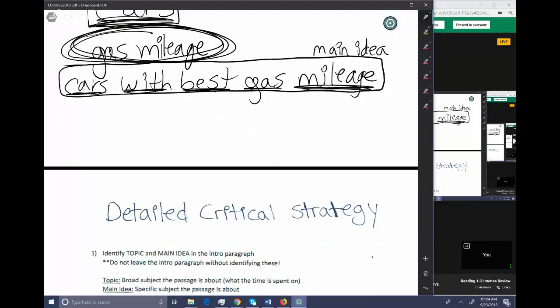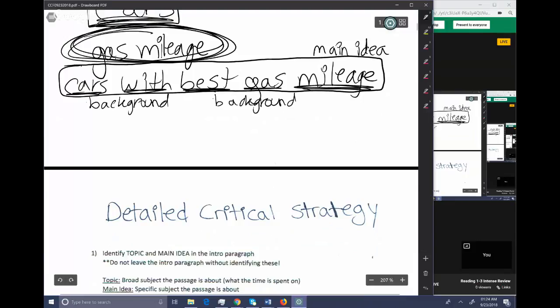So if I'm going to write about cars with the best gas mileage, just as a couple of examples of what my paragraphs might look like, a lot of times you're going to see, and you probably remember me talking about this in the other Reading One class, a background paragraph. So a lot of times there's going to be something that talks about what gas mileage is in the first place, or it maybe tells a little story about the fact that I recently went car shopping or something like that.